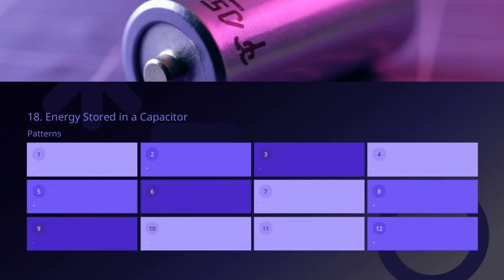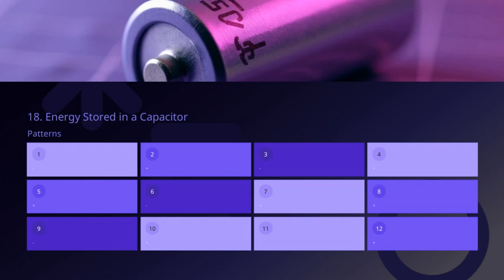All right, let's talk about the energy stored in a capacitor. When a capacitor is charged, it holds electrical energy in an electric field between its plates. This stored energy depends on the amount of charge and the voltage across the plates. The key point here is that the energy is proportional to the square of the voltage, which means even small increases in voltage can significantly increase the energy stored.